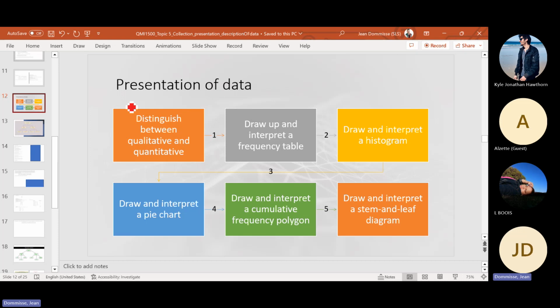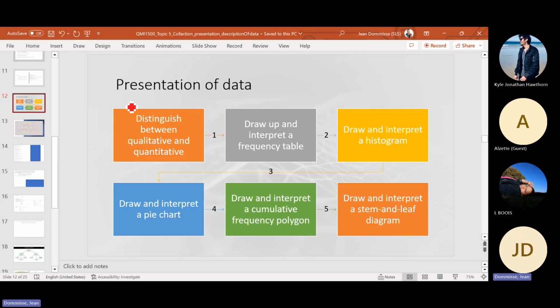So with presentation of data, the first thing we need to identify is, are we talking about qualitative data or quantitative data? Okay, so qualitative data is things like the color of your eyes. So if we need to classify the color of your eyes, it will be blue, green, brown, gray, something like that.